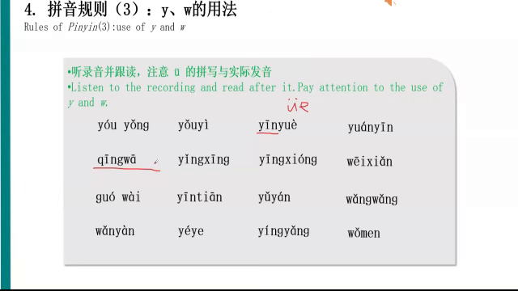Okay, ma'am. 青蛙, 影星, 杨水, 英雄, 危险, 文强. Good.